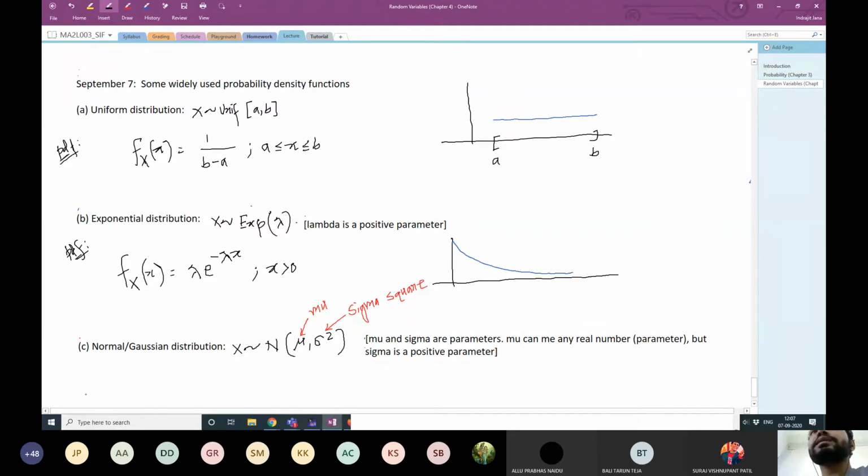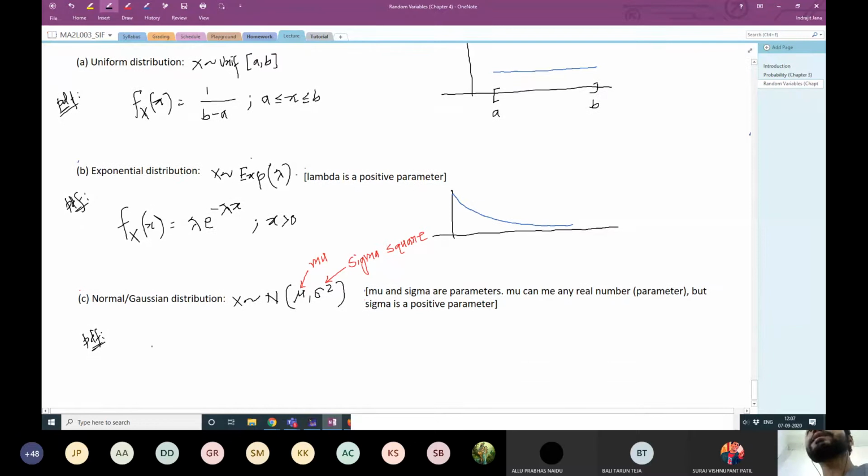The PDF here is given by f_X(x), which is 1 over sigma square root 2 pi, e to the power negative 1/2 times x minus mu over sigma whole square.